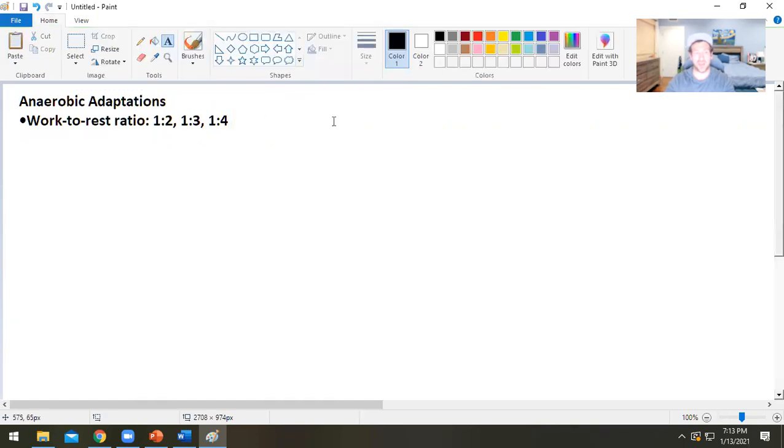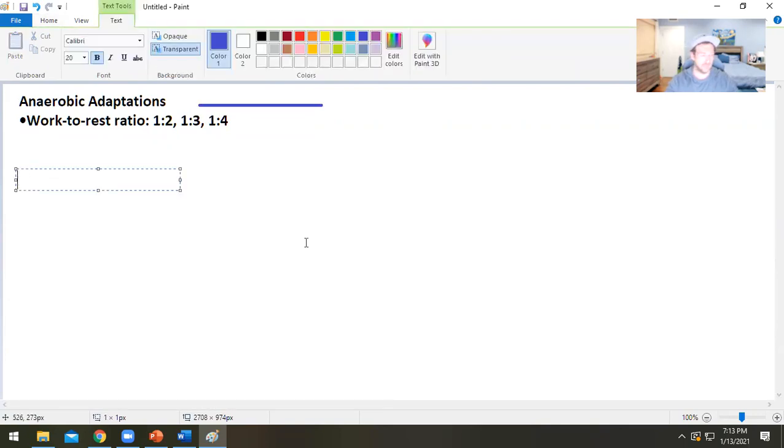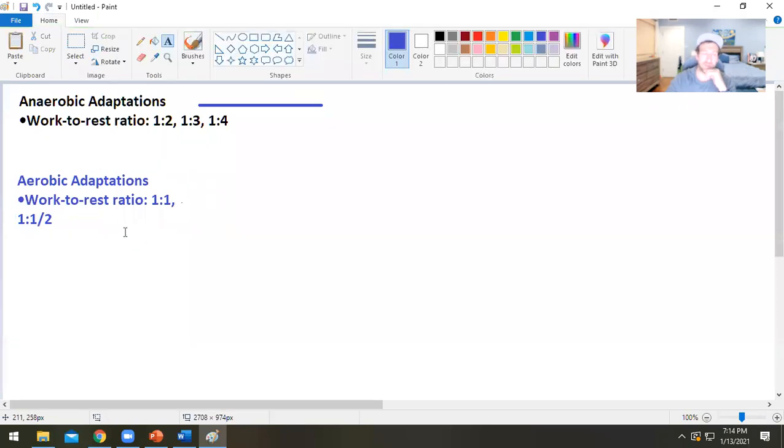Versus aerobic adaptations, which would be much better at a 1-to-1 ratio. Or even 1 to 1/2 actually. I like that one better. That would be even better. Sorry, that's just going to drive me crazy.